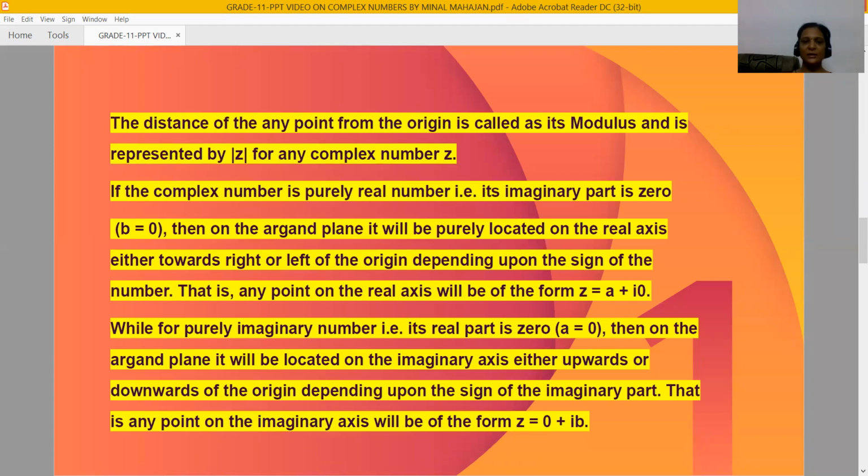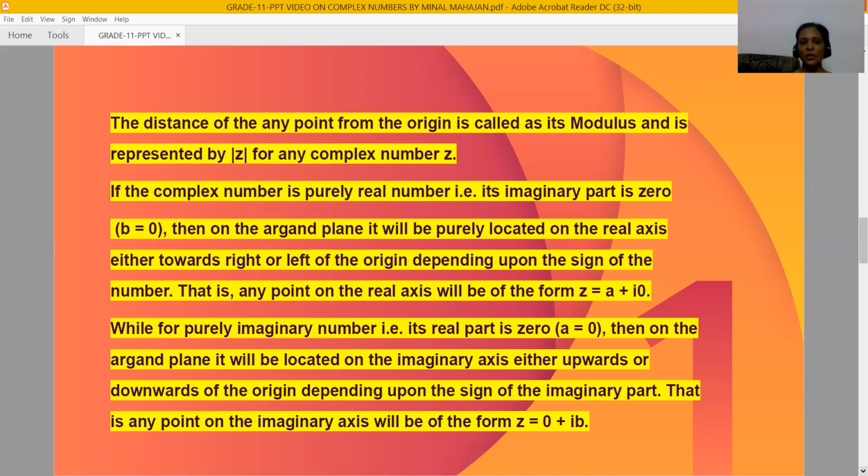That is, any point on the real axis will be of the form z is equal to a plus i0, while for a purely imaginary number, that is its real part is 0, a is equal to 0, then on the Argand plane it will be located on the imaginary axis, either upward or downward of the origin, depending upon the sign of the imaginary part.